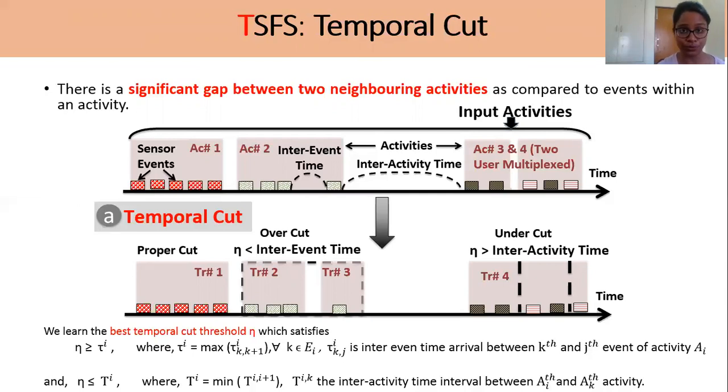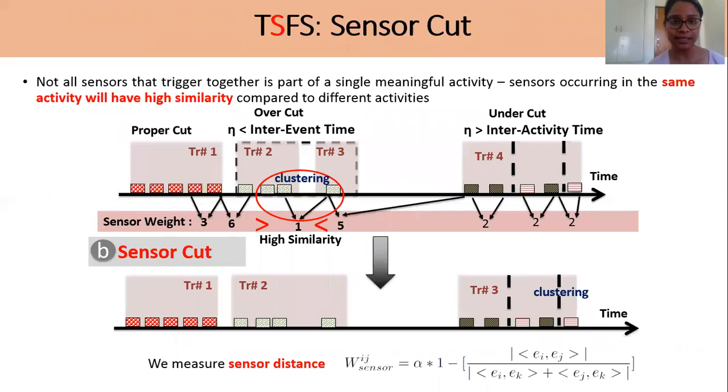Then next we move on to the sensor cut. The sensor cut intuition basically says that the same activity will have high similarities. In this case, activity 2 was cut into two activities by temporal cut. But using a sensor distance that is there in the formula, I'll not go into the details, the idea is that you can find similarities between pairs of sensors and cluster them, and if they are not matching within the same activity, then you can divide them.